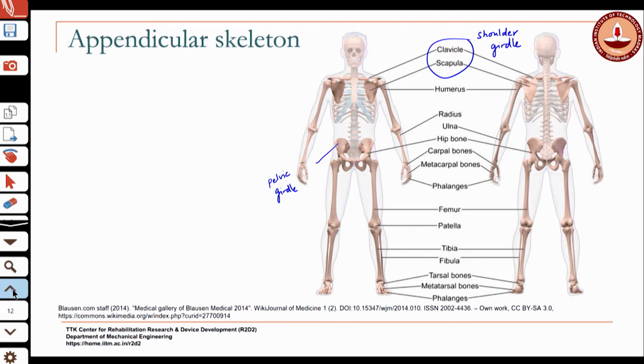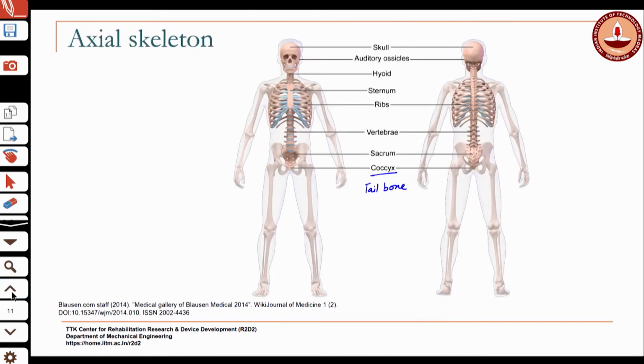So, now let us look at some of these one by one. We start at the skull. The skull is generally divided into two parts. You have the cranium and then you have the facial bones of the skull.